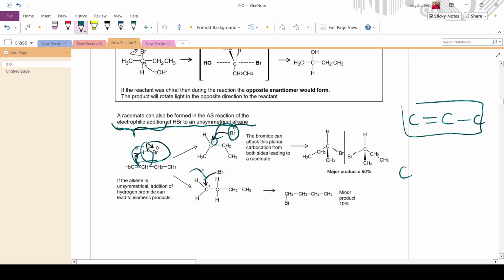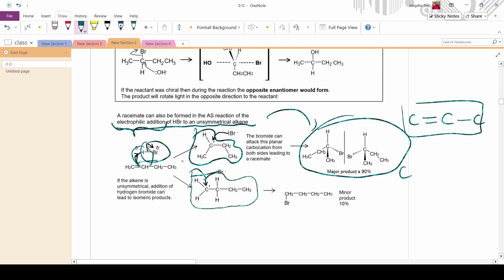For producing the racemic mixture, you need to understand one thing: if the carbocation produced is in planar shape, only then a racemic mixture can be produced. It's not always the case that the planar shape is present.